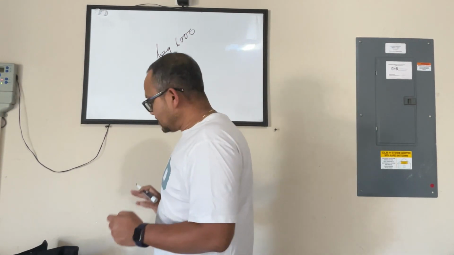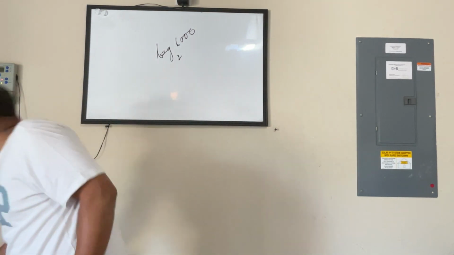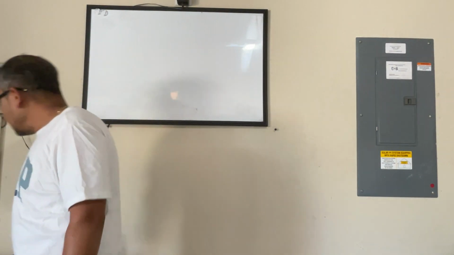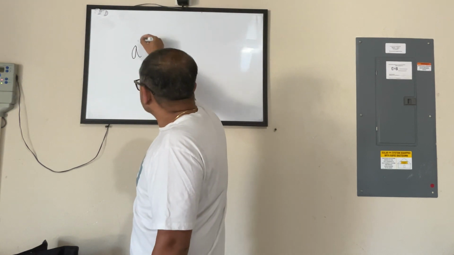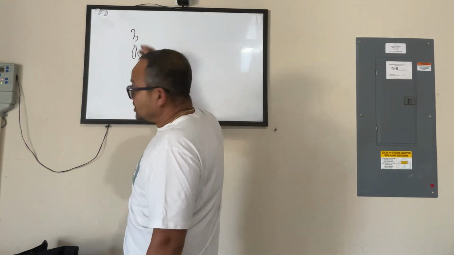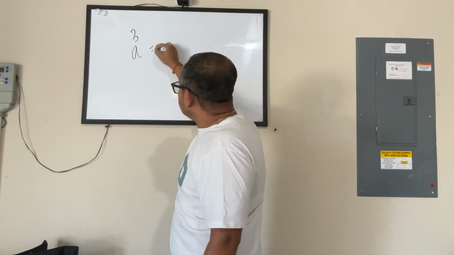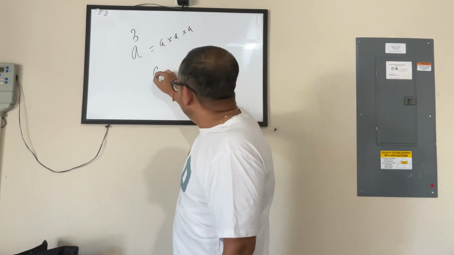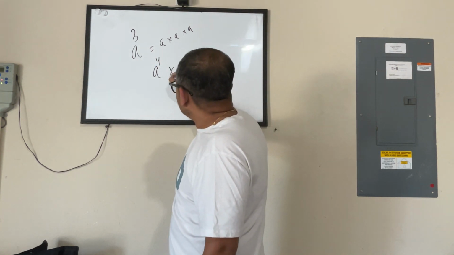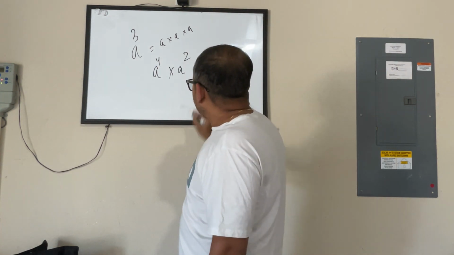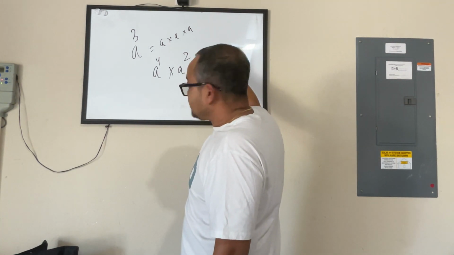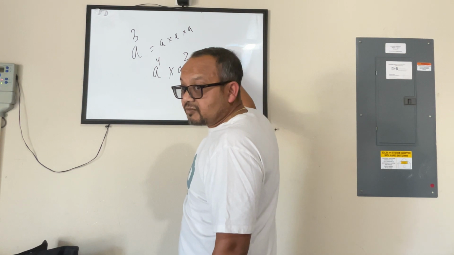Okay. So before we go into logs, let's do a quick recap of what we know about exponents, because that will be of great help. If I say a to the power 3, it simply means a into a into a. If I say a to the power 4 into a to the power 2, what we end up doing is, this means a to the power 4 plus 2.